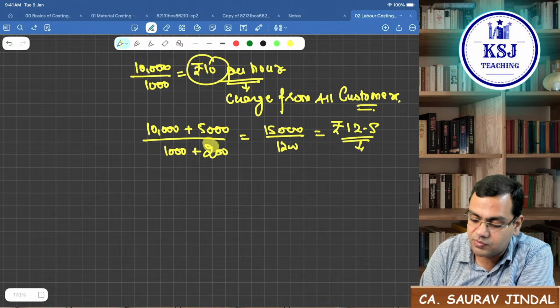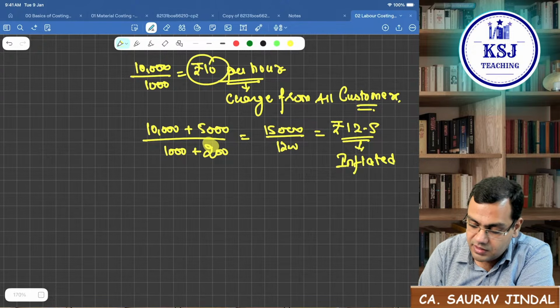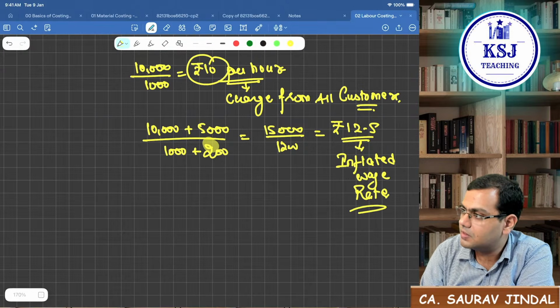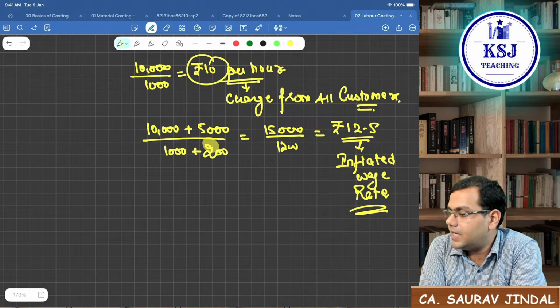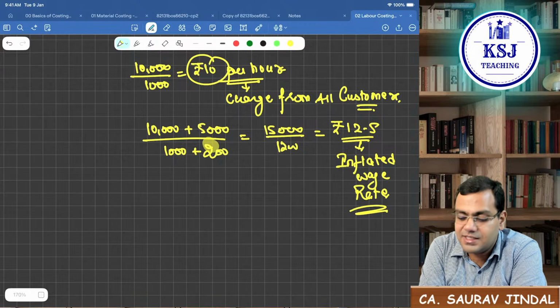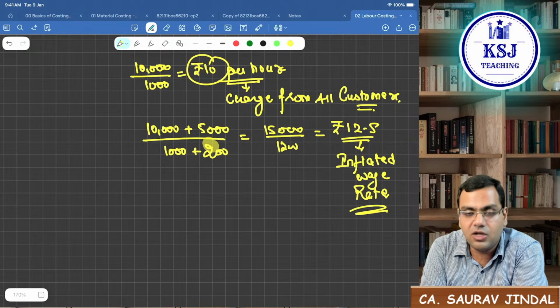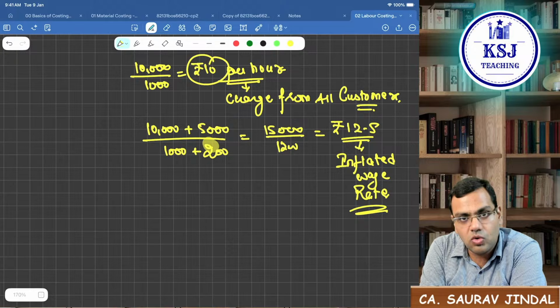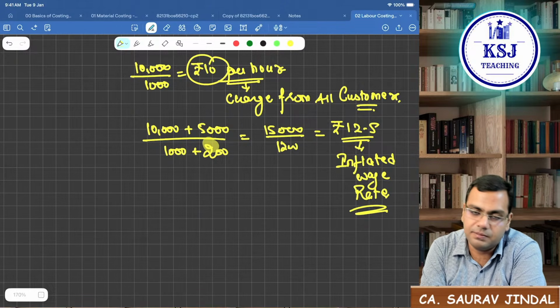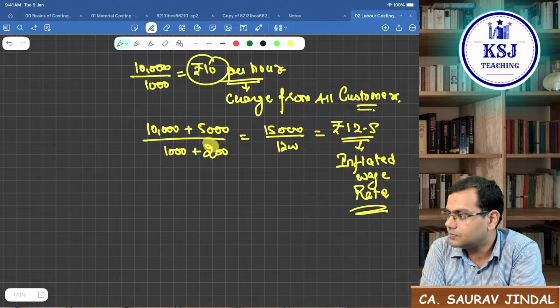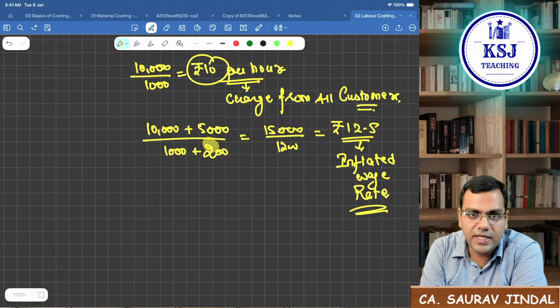This is what we call the inflated wage rate. That is the normal cost plus the overtime cost divided by normal time plus overtime. This is what we call the inflated wage rate.